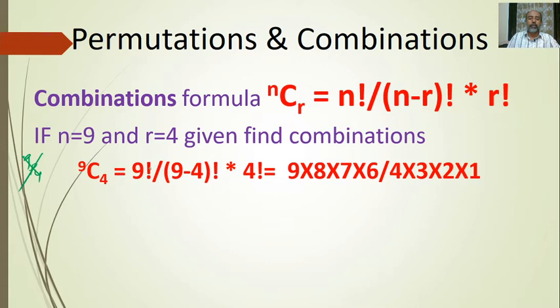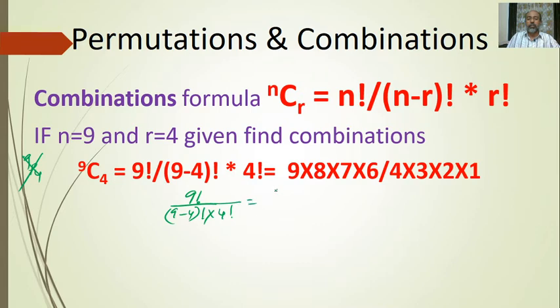The difference is that 9 factorial and (9 minus 4) factorial are common, but additionally we multiply by 4 factorial. So we write 9 factorial divided by (9 minus 4) factorial into 4 factorial.